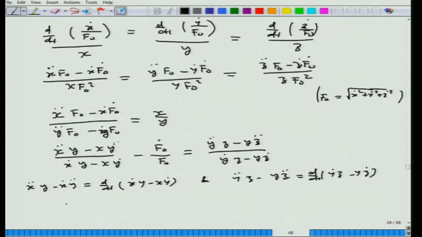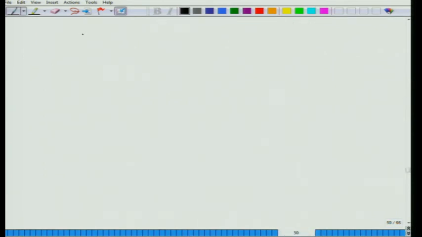So, integration gives you ln of the absolute value of x dot y minus x y dot, and ln of y dot z minus y z dot plus some ln c, and so raising it to exponential, we get x dot y minus x y dot over y dot z minus y z dot equal to c.